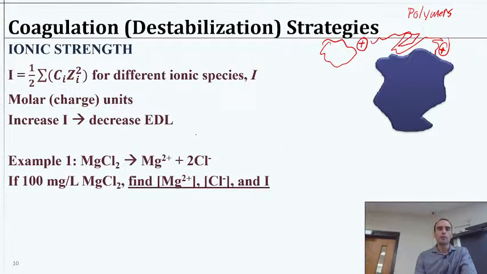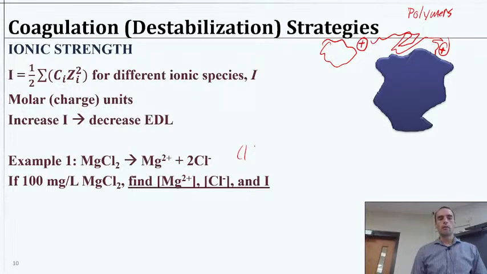If we have magnesium chloride, MgCl2, it's going to dissolve and form Mg2+ and 2Cl-. And so if we take 100 milligrams per liter, first we're asked to find the Mg2+, then the Cl-, and use those to solve for the ionic strength. Now we need a periodic table to get the Mg and the Cl.